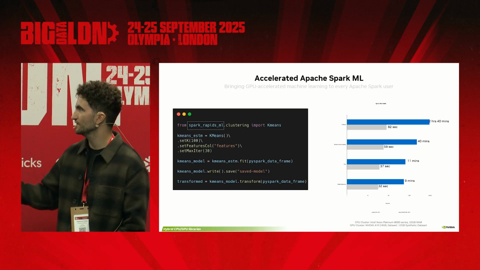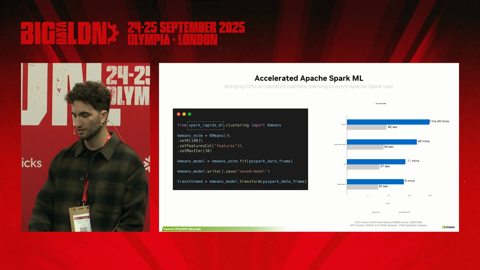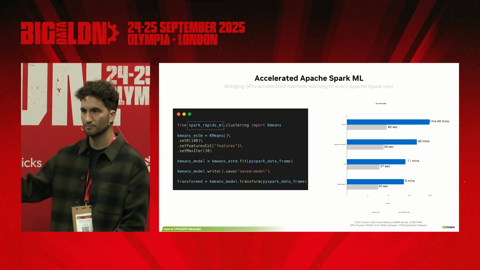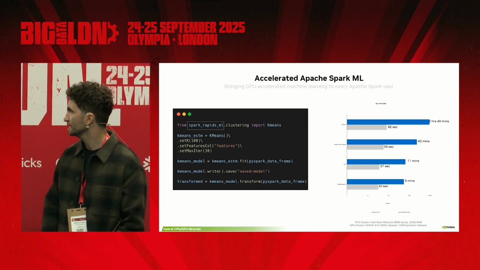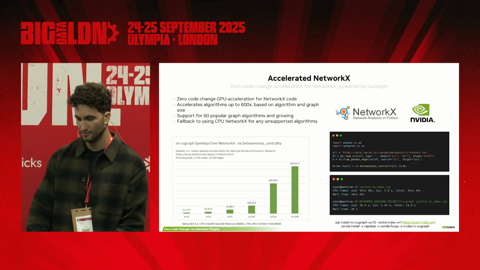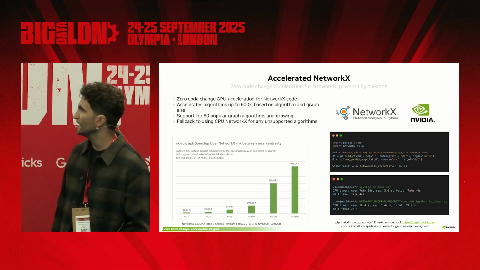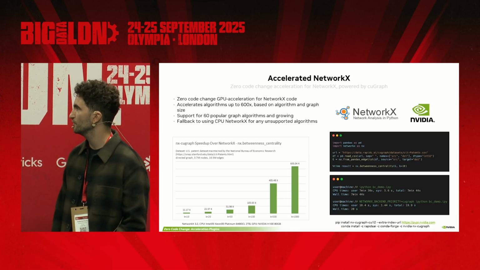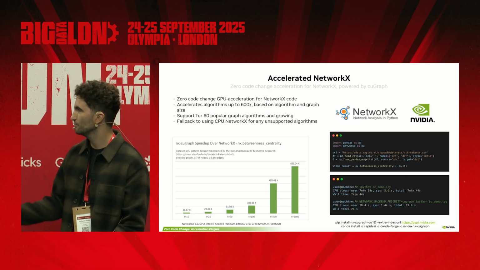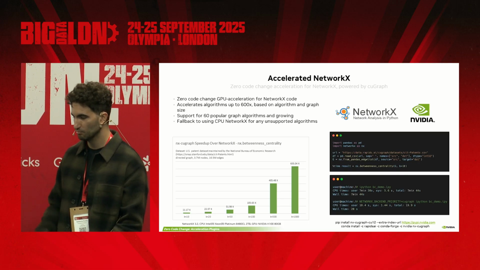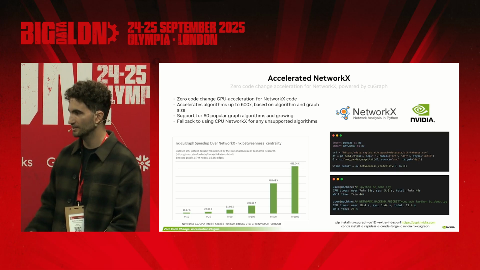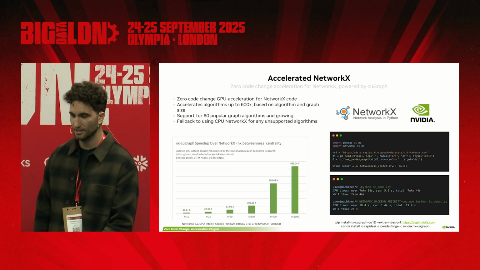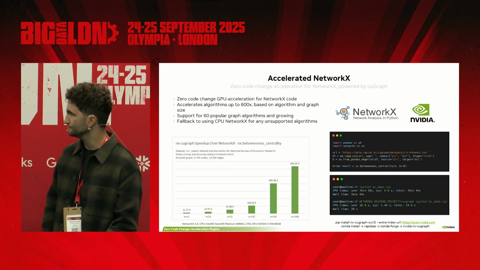Similarly for the machine learning capabilities of Spark. So any sort of Spark machine learning that you're doing can be extremely accelerated with GPUs. Finally, our cuGraph, our graph analytics framework, is one of the things we've seen gain the most adoption, especially when it comes to life sciences.